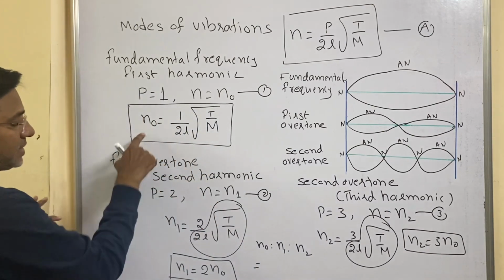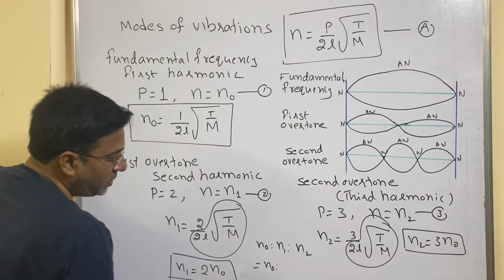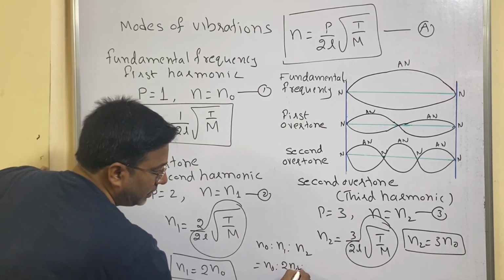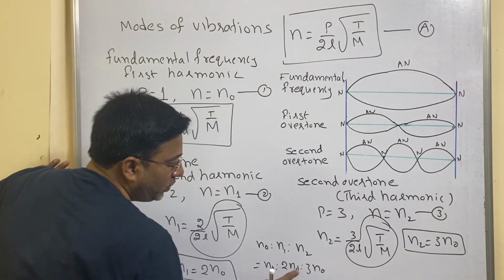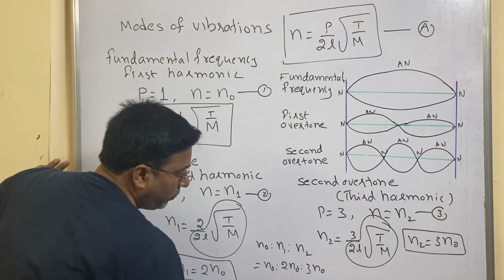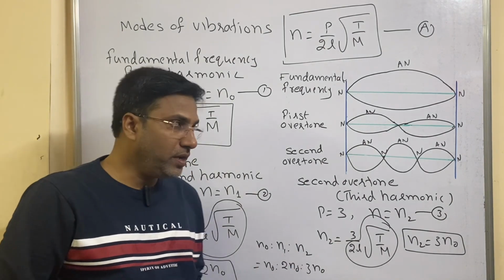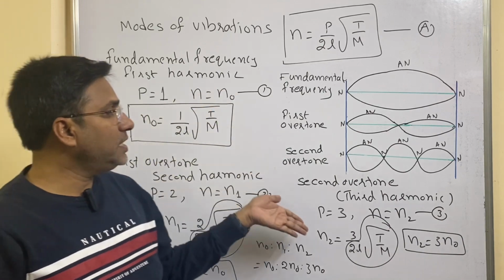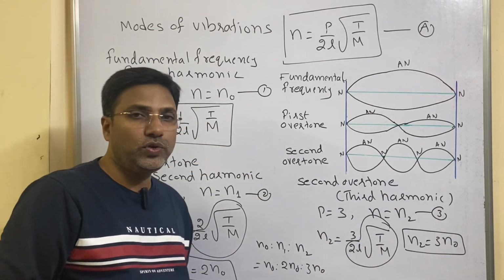Let us take n0 only. n1 we can write as 2 n0, and n2 we can write as 3 n0. Here n0 is common, so we can write 1 is to 2 is to 3. From this we can show that the frequencies in the case of a stretched string vibrating are in the ratio of 1 is to 2 is to 3.